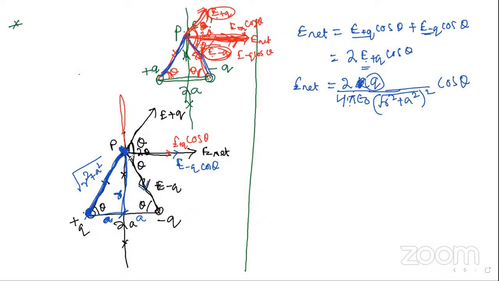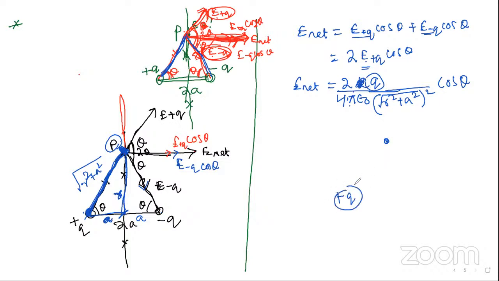Why are we putting the distance of PQ? Because we are finding the electric field at point P. So P is at some distance from Q. Suppose this is your plus Q charge and here is your P point.